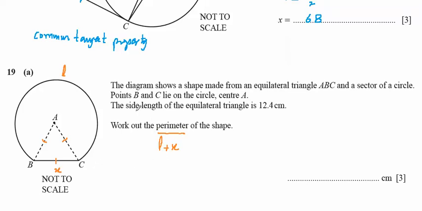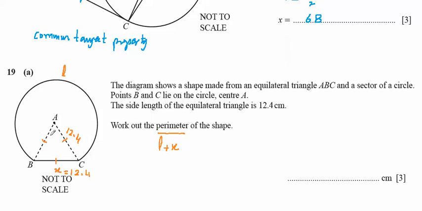It's given that the side of the equilateral triangle is 12.4 centimeters. It means this X is 12.4 centimeters, as well as these lengths are also 12.4, and this is the radius of the circle. So we got the radius of the circle also.